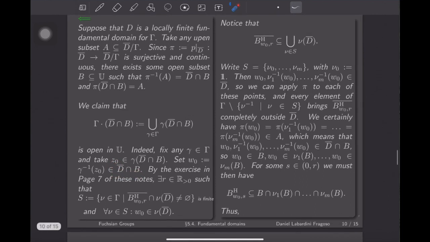and then because of this disk that I mentioned before, there exists some sufficiently small radius with the property that this set is finite, and this is by local finiteness, but also that for every element of gamma that makes D bar overlap this compact disk, it makes it overlap because the center was already there.